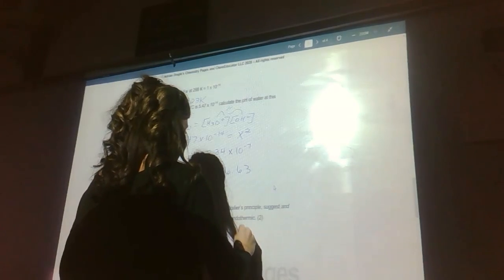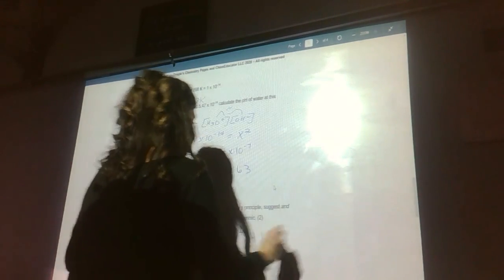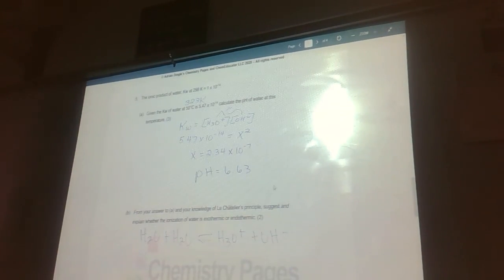So this reaction, the dissociation of water, is endothermic because increasing the temperature shifted it to the right, produced more hydronium.